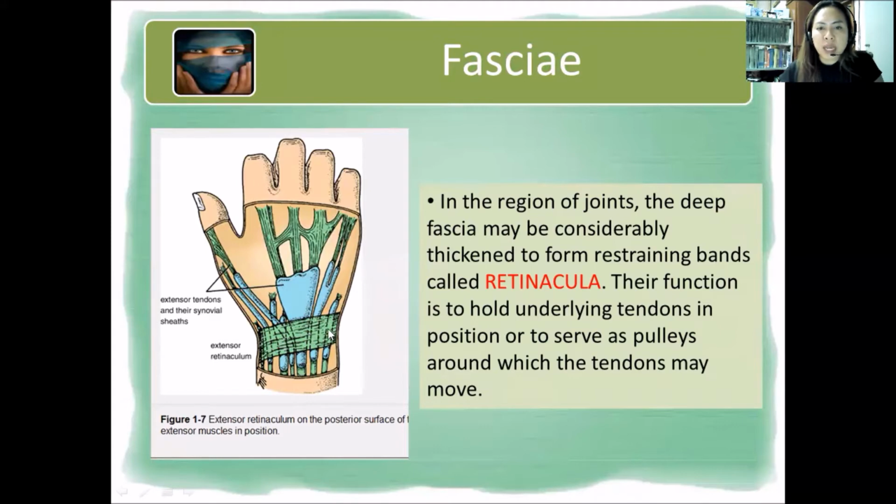This is called a retinacula. So their function is to hold underlying tendons in position or to serve as pulleys around which the tendon may move. Okay, so parang band nakaikot siya.